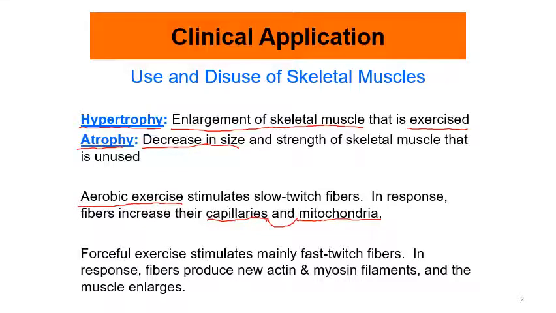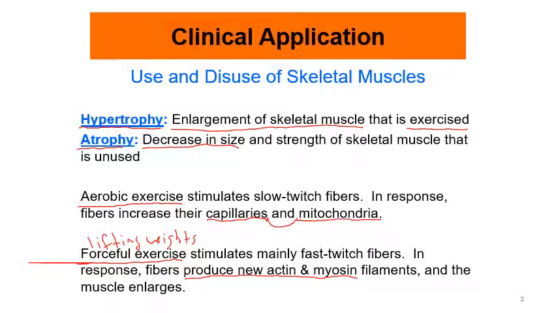But if you do more strength training, lifting weights, forceful exercise, this type of exercise stimulates more of the fast twitch fibers. Forceful exercise or strength training causes more actin and myosin filaments to be produced.